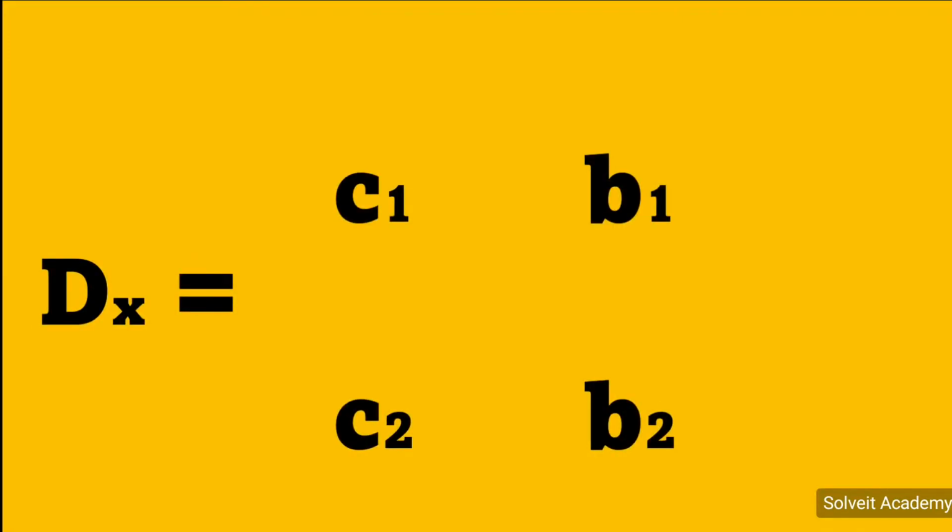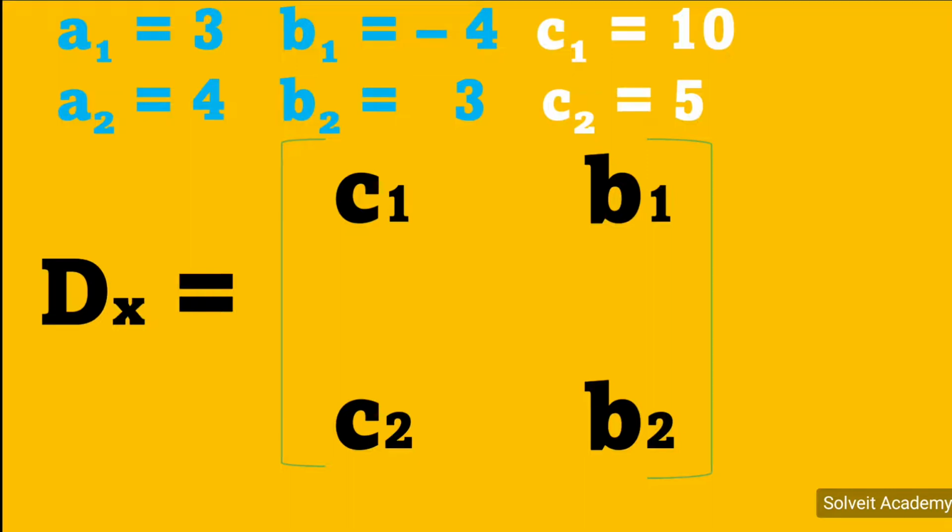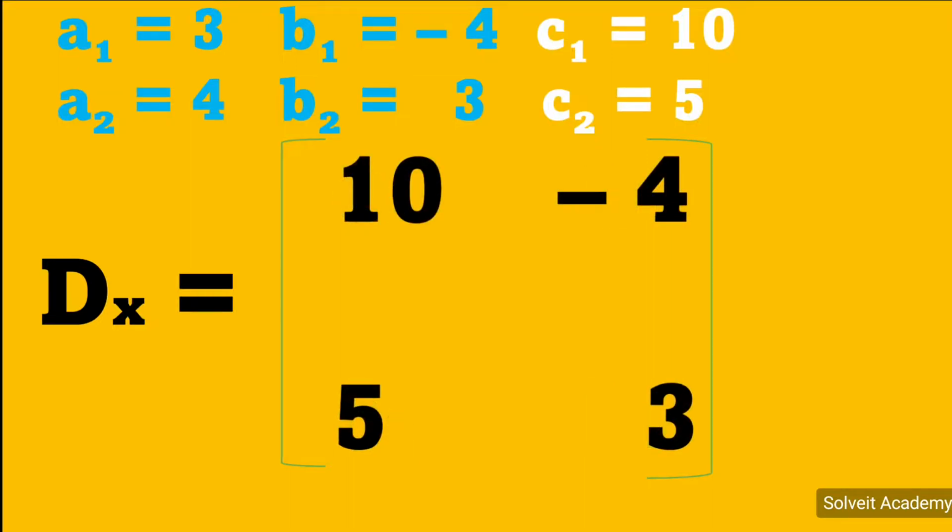Second step, we will define the value of dx as a determinant with first column which contains the elements c1 and c2 and second column contains the elements b1, b2. Replace the values of c1, c2, b1 and b2.